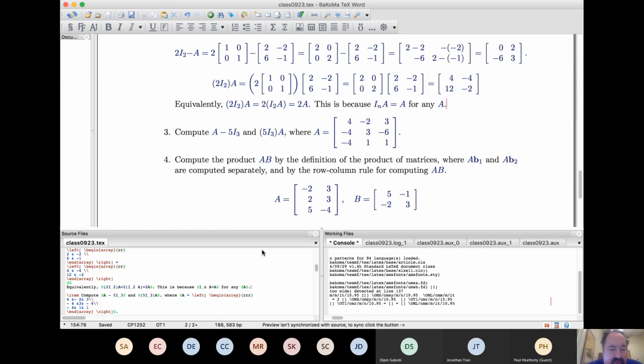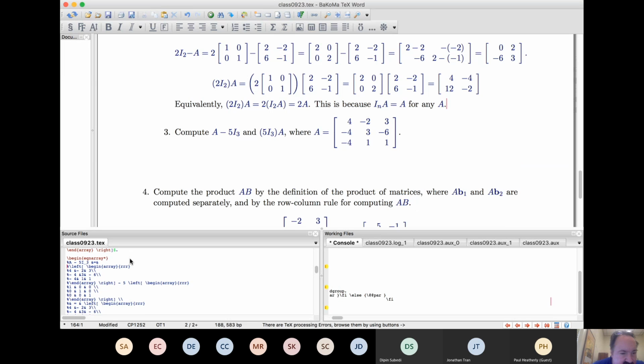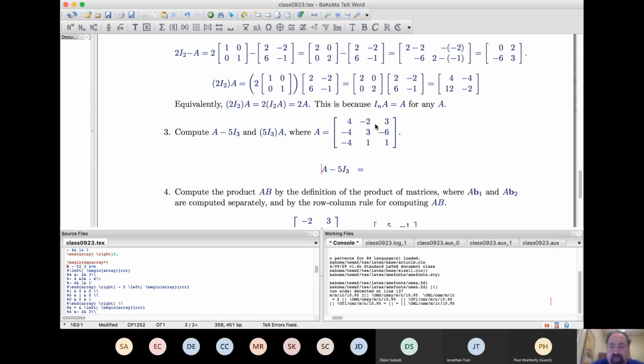The next problem has the same kind of operations, just on a 3 by 3 matrix instead. So if I look at A, this A minus 5 times the identity.